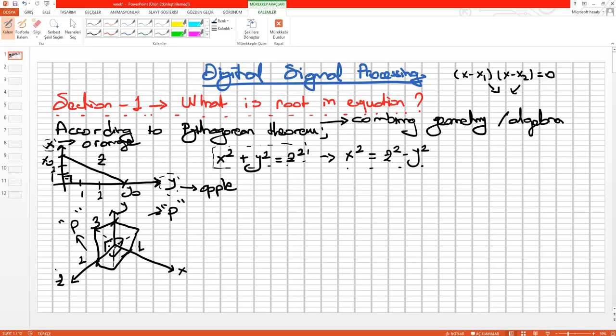For example, orange. For example, apple. But mathematically, this Pythagorean theorem proves that everything can be represented in this form. Because the geometry and the algebra must contain this information, and if we have this notation like this one, this creates the algebraic loop in here, and then we can draw this cube in math, okay?